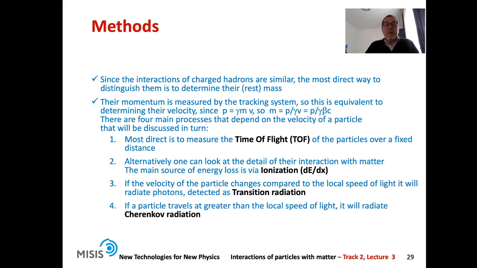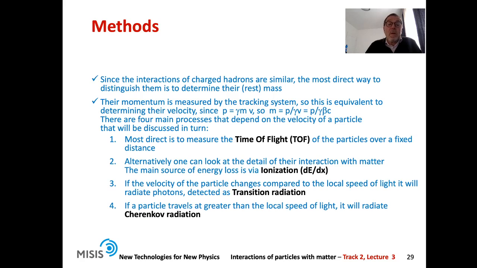There are four main processes that depend on the velocity of a particle, and we will discuss these four processes in turn. First, most direct is to measure the time of flight, or TOF, of the particles over a fixed distance. Second, we can look at the detail of the interaction of charged particles with matter.